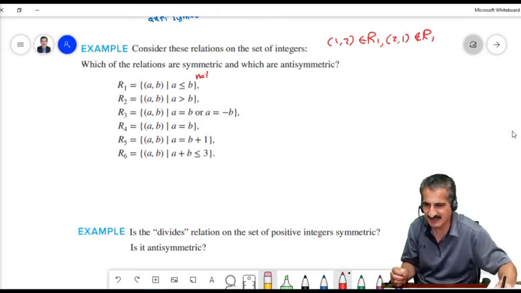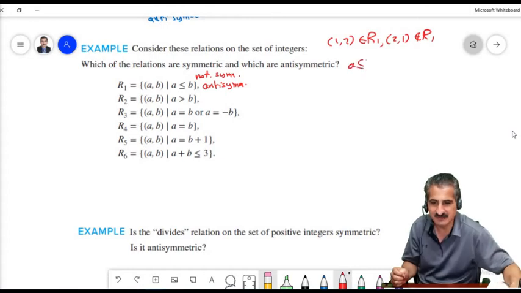Is it anti-symmetric? We just have seen it. So it is anti-symmetric. This one is anti-symmetric. We just saw it above there. If A is less than or equal to B, and B is less than or equal to A, that necessarily means A and B are the same element. So it is anti-symmetric. It is, right?